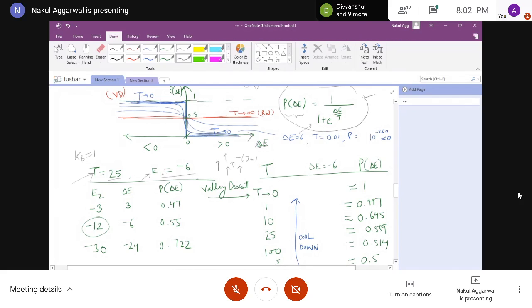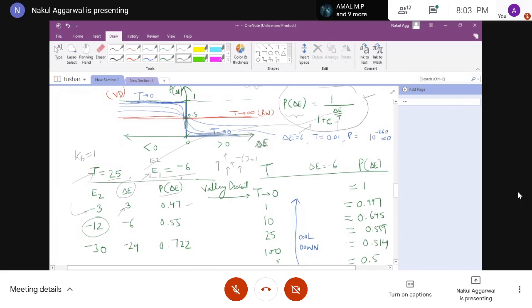Now we look at the energy E2 of the system, calculate the change in energy and the corresponding value for probability. If we are starting from E1 equal to -6, if the energy increases, say the final energy is -3, delta E is positive. You substitute delta E here, temperature T equal 25, and you get probability value 0.47.